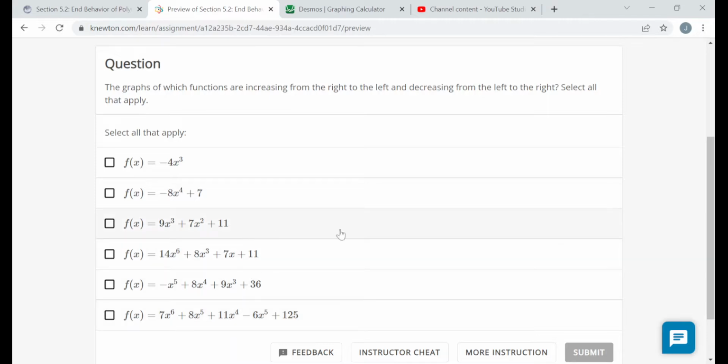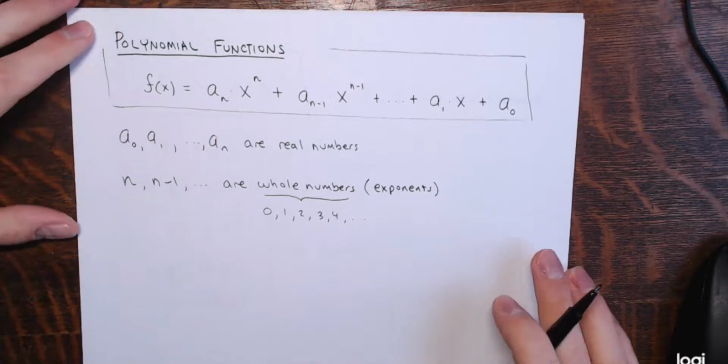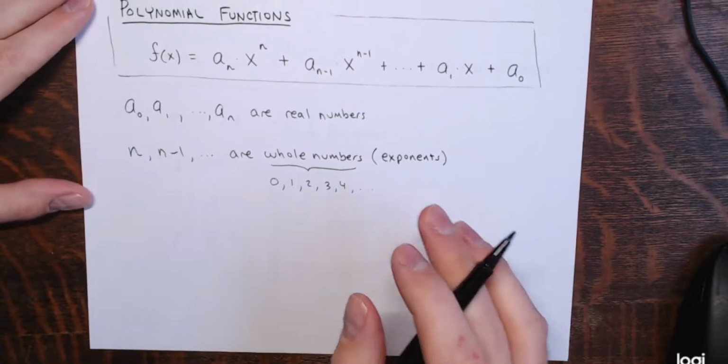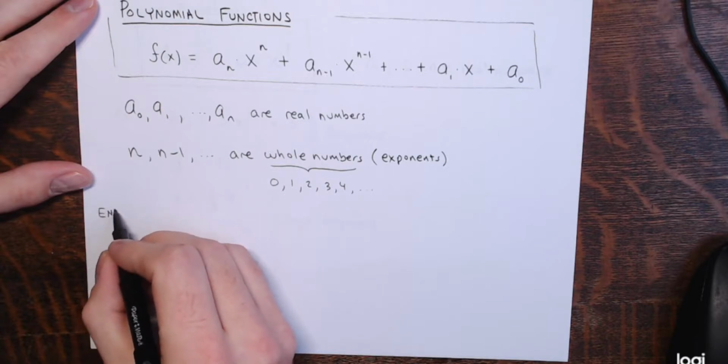So let's talk about what happens on the far right and far left of the graphs of polynomial functions, their end behavior.